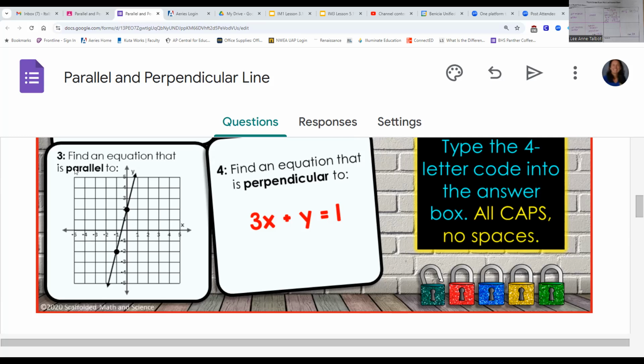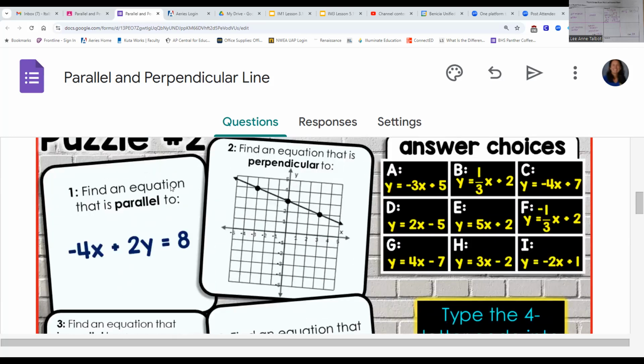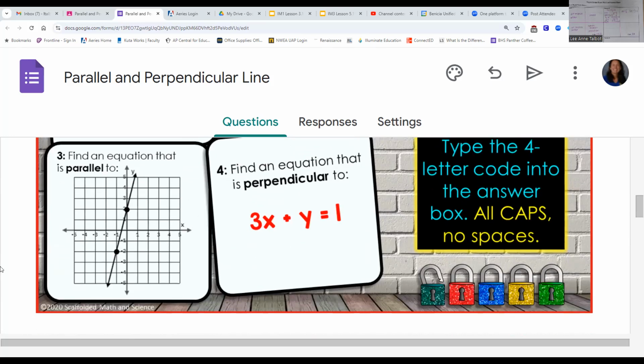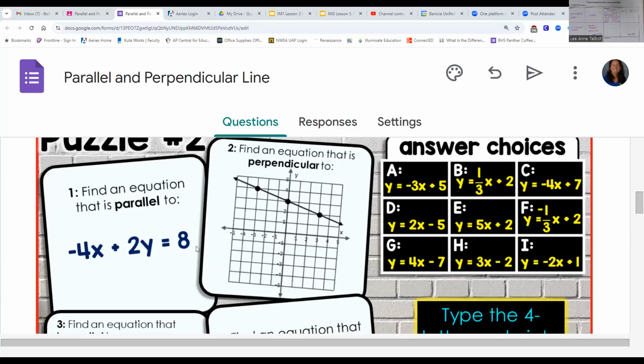It says parallel, so you're going to look in the boxes for one that has the same slope. What's the slope of this one? 4. Can you guys all tell the slope is 4/1, which is 4? Now, which answer choice is G?